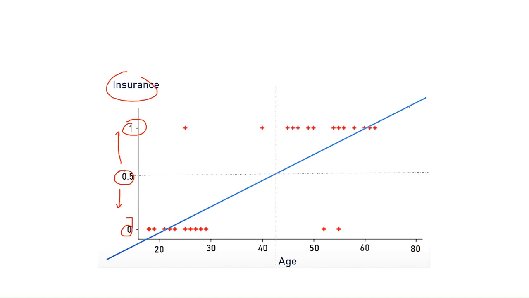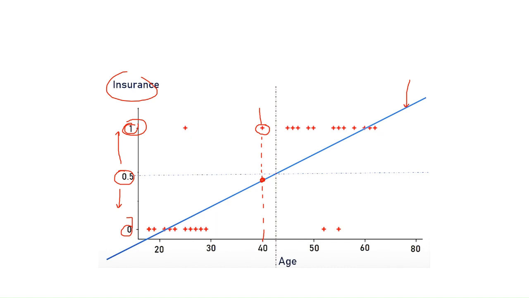So we have the best fit line here. Now, see, this is the actual output for 40 years of age. This person actually has insurance. The output is one, so he has the insurance. But see, on the line, the predicted value is here.